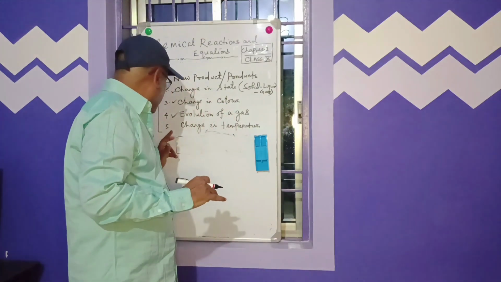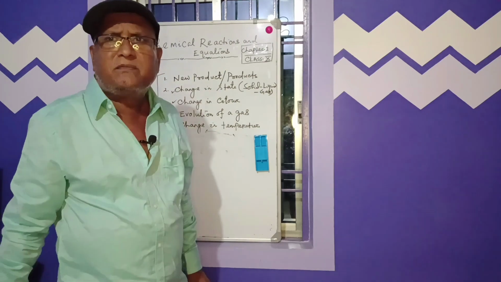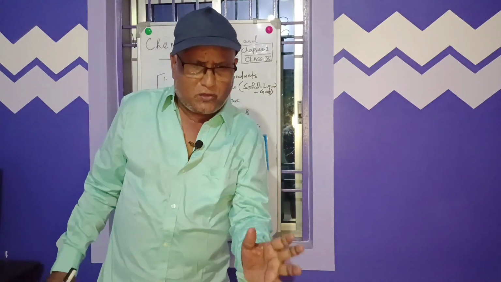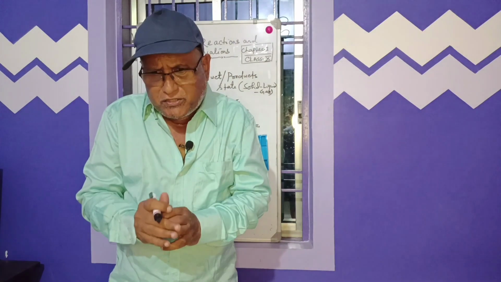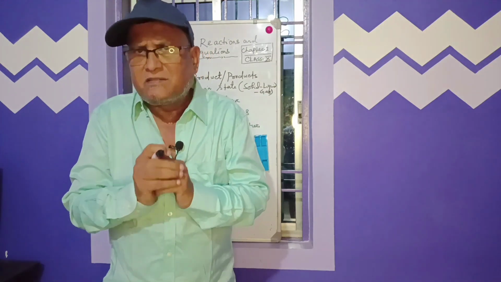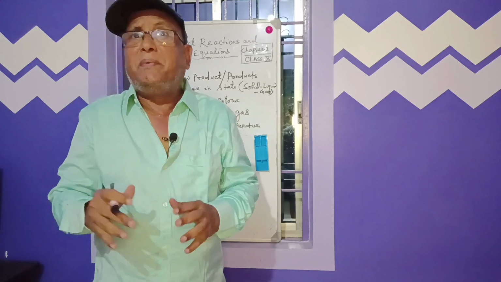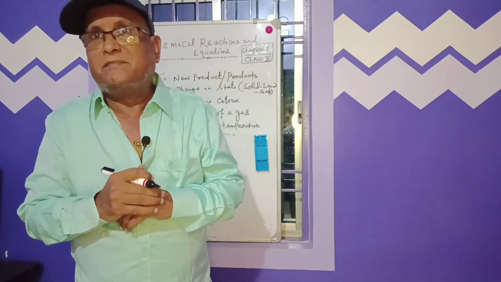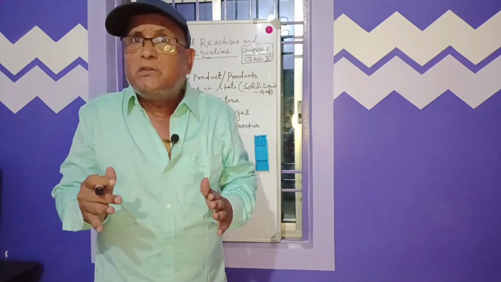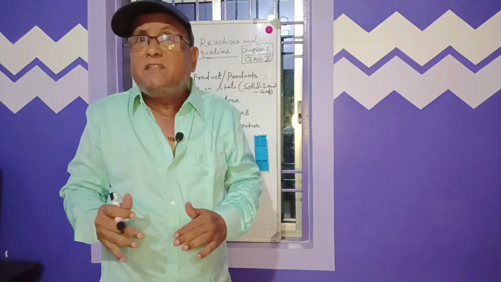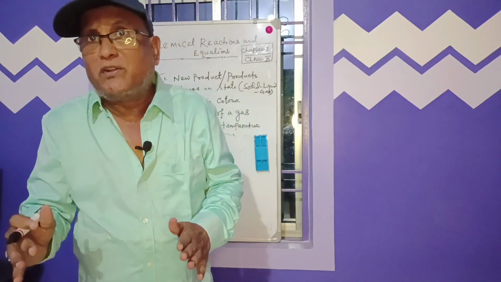And the last one is change in temperature. Now let us touch the base of the flask. So we may feel it a little bit hot. So it shows that change in temperature means a rise in temperature.